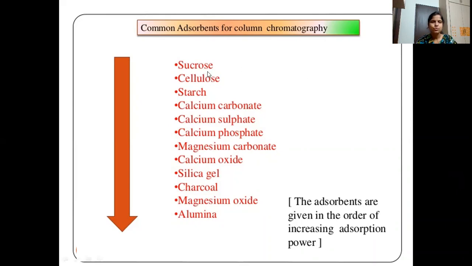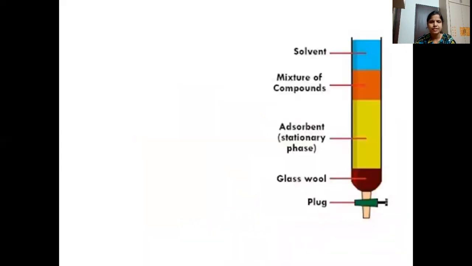The adsorbents are sucrose, cellulose, starch, calcium carbonate, calcium sulfate, calcium phosphate, magnesium carbonate, calcium oxide, silica gel, charcoal, magnesium oxide, and alumina. These are the various adsorbents that we can use for column chromatography. Generally we use silica gel as the adsorbent in column chromatography techniques.